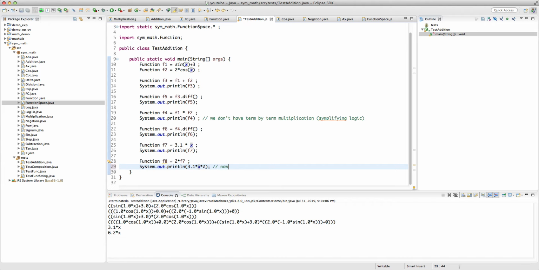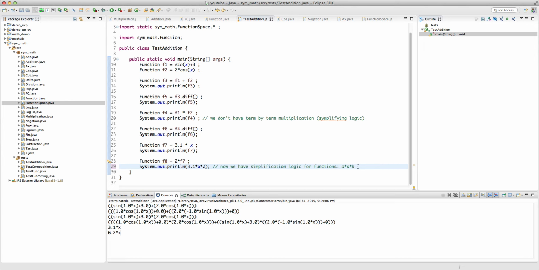Now we have a simplification logic for functions of type a times x. So a times a function a times x, what happens here is that it does simplification, so a times x times b.